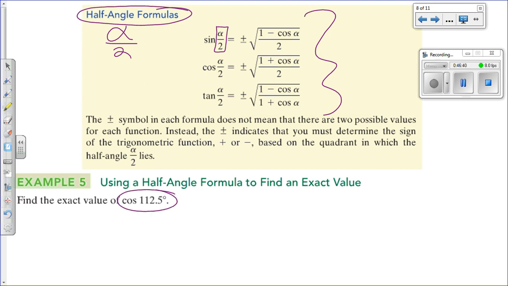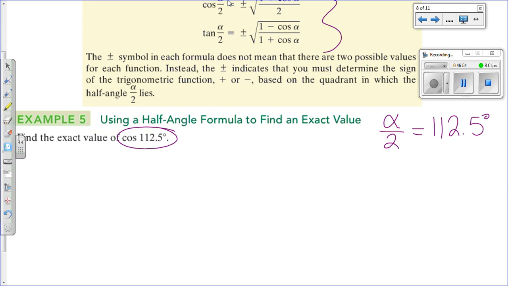We're going to consider the angle alpha over 2 to be what's given to us, so 112.5 degrees.